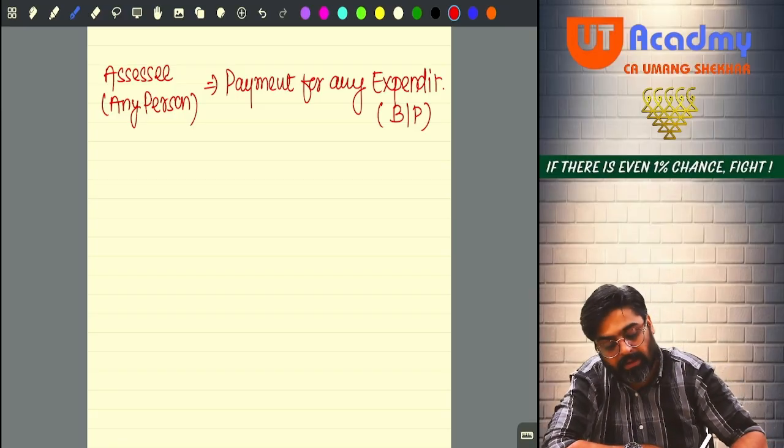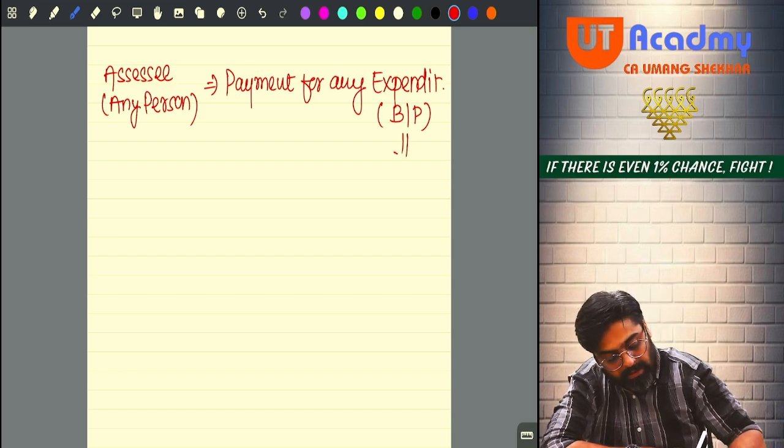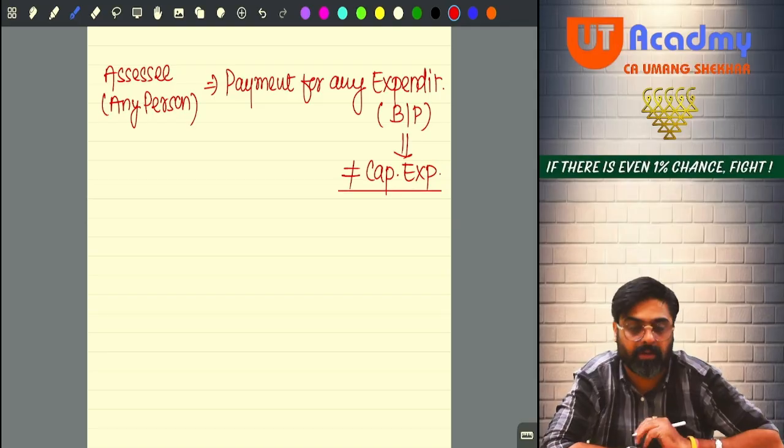Now that expenditure towards which the payment is made should not be a capital expenditure.